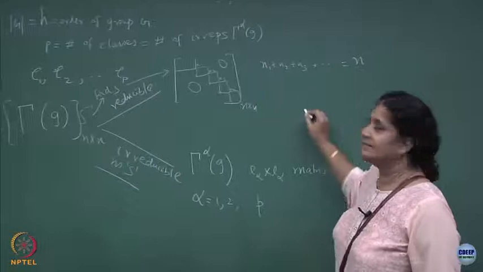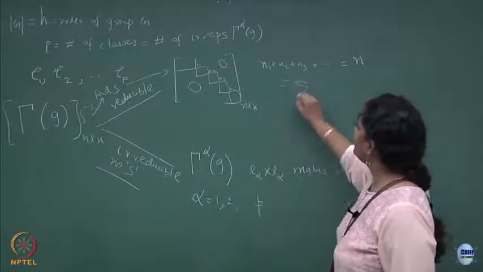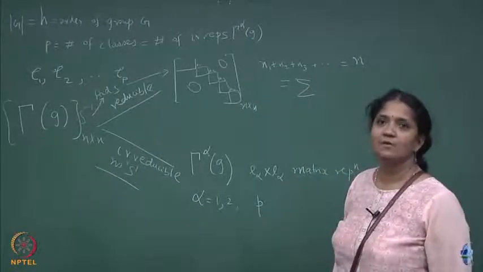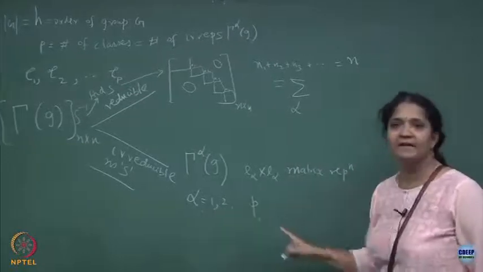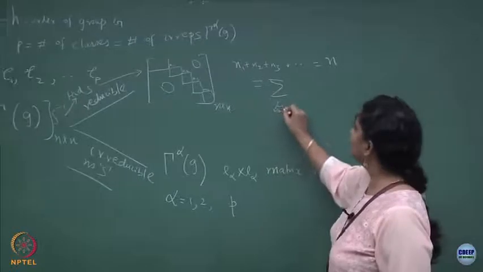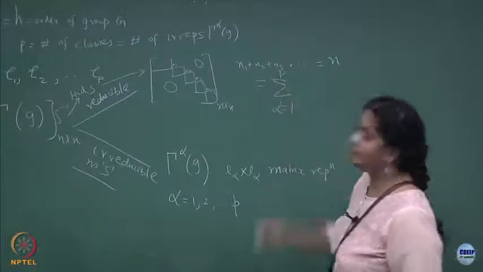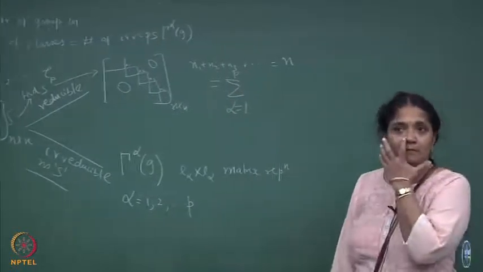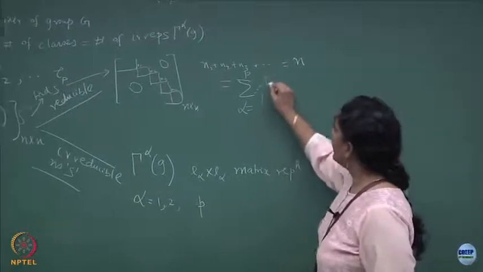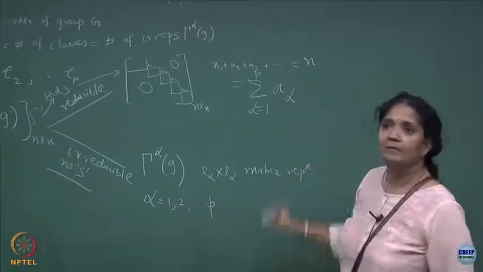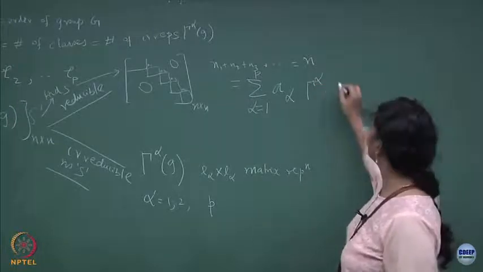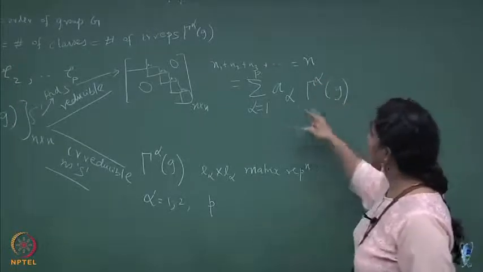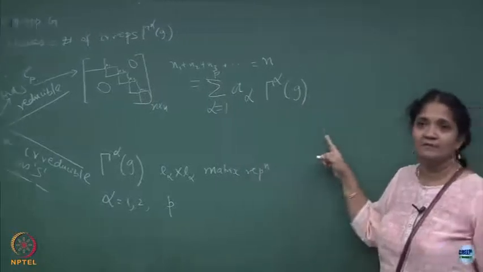Other thing I said is that in principle I can rewrite this as a summation over all the irreps, which I am denoting by index alpha, which goes from 1 to p, of A alpha gamma alpha, for every element. And someone was asking what is the meaning of this.